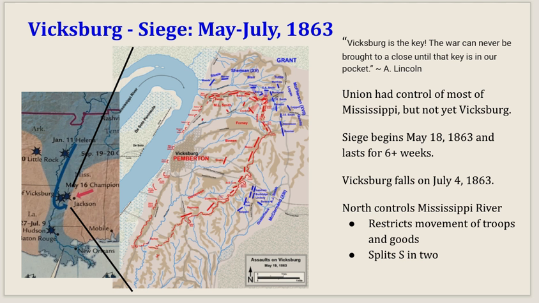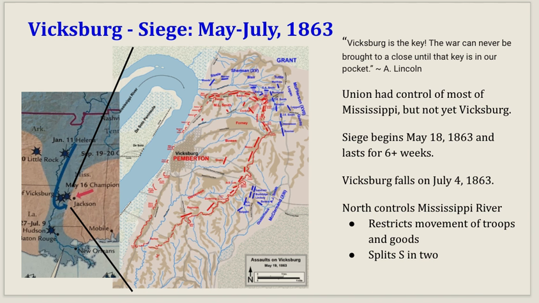So if you look at the zoomed in map, you can see Grant and the blue Union forces here laying siege around the protective walls that the South has built around Vicksburg. The Siege of Vicksburg begins on May 18th of 1863, and it lasts over 6 weeks, but it works.